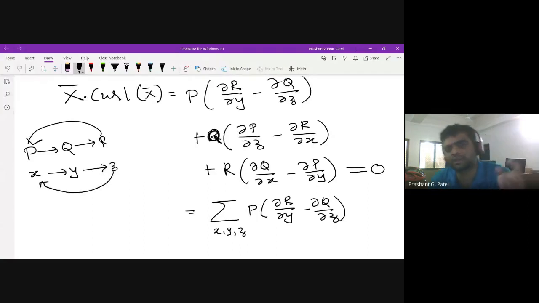This is the rotation. The meaning of this summation is this: because we are lazy and we don't want to write the whole expression of these three terms, instead we just write one term and work with this.